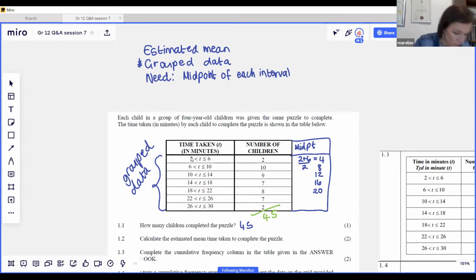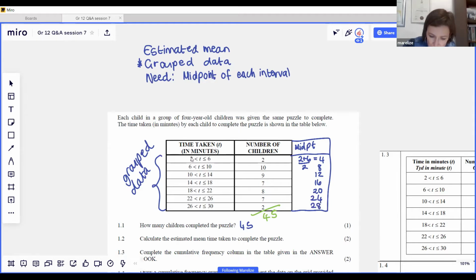No, that can't be right. 22 plus 26 divided by 2 is 24. Oh, yeah, that is right. 26 plus 30 divided by 2 is 28. Okay, so that is the midpoint.